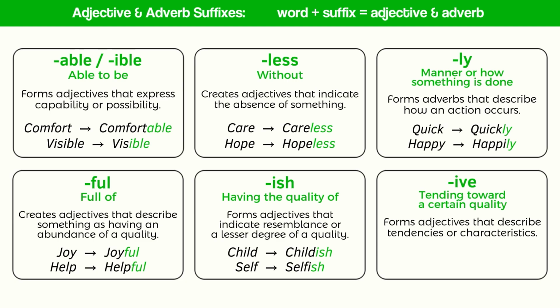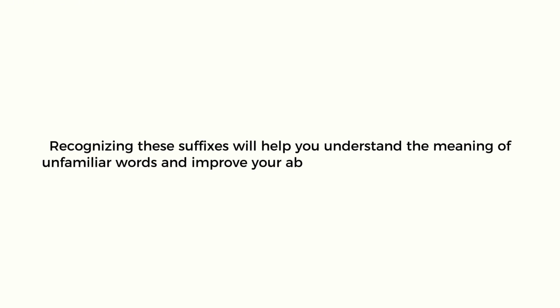Forms adjectives that describe tendencies or characteristics. Examples: attract, attractive; create, creative. Recognizing these suffixes will help you understand the meaning of unfamiliar words and improve your ability to communicate in English.